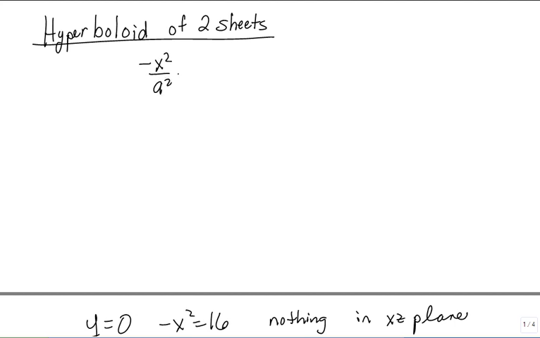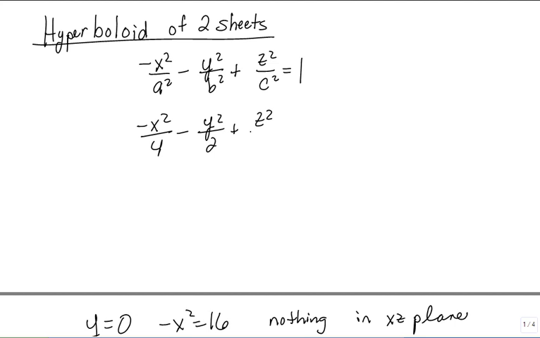And this is where two of the square terms have a negative sign. Again, it doesn't have to be x and y. It could be y and z. That means it's just going to lie on a different axis. Okay, let's sketch that and see what it looks like.